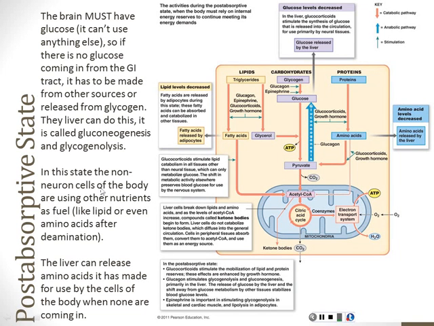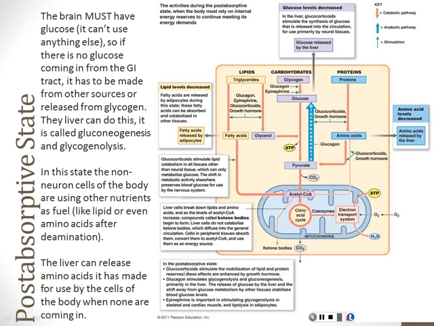All right. So in addition to regulation of glucose, the liver also can produce amino acids, like we talked about a minute ago. So in that post-absorptive state, the liver may be creating amino acids to release as well, and it can also release fatty acids.